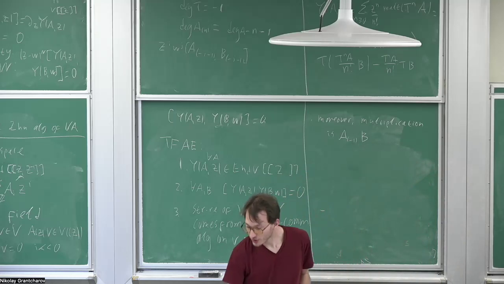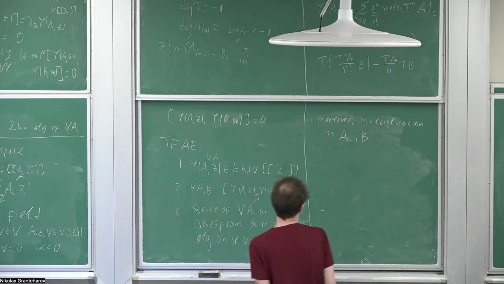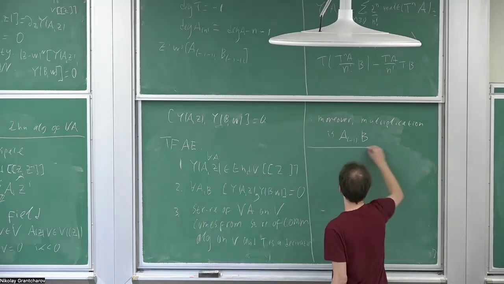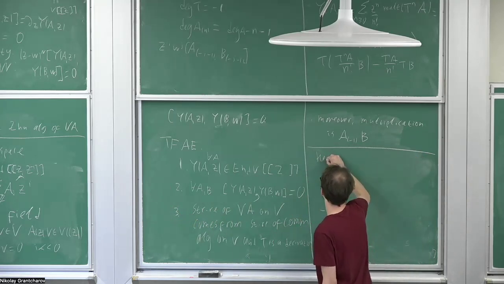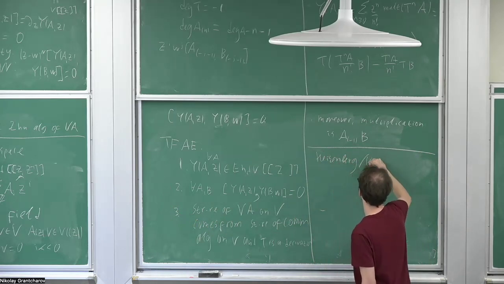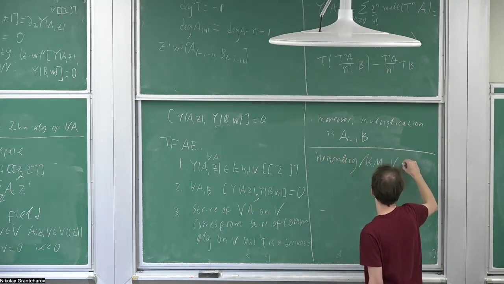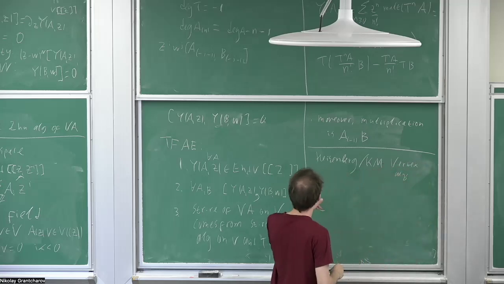Okay, so this finishes the first part of our plan. Now we turn to Heisenberg and Kac-Moody. Why do you write A_{-1}?